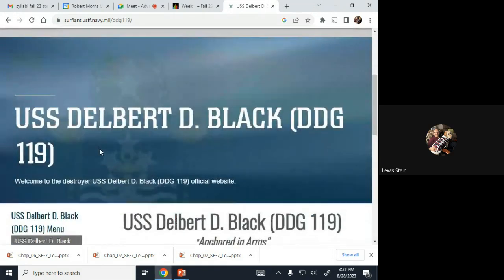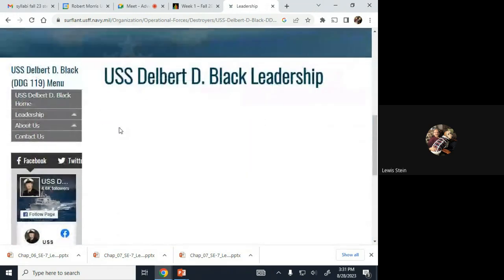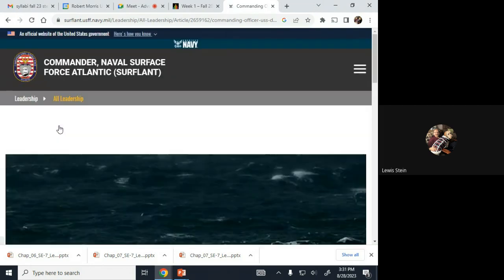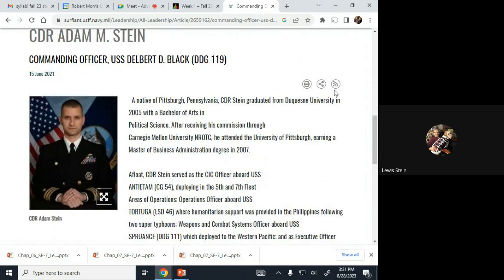Leadership. Commanding officer means the guy is in charge. There we are. Wish he'd smile. I don't think you're supposed to. Duquesne and Pitt. All right. Listen, that's about what he looks like. My daughter's better looking, thank God.